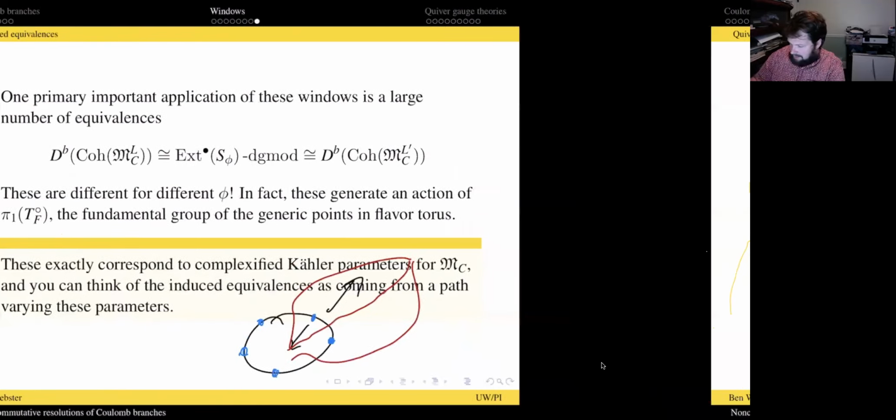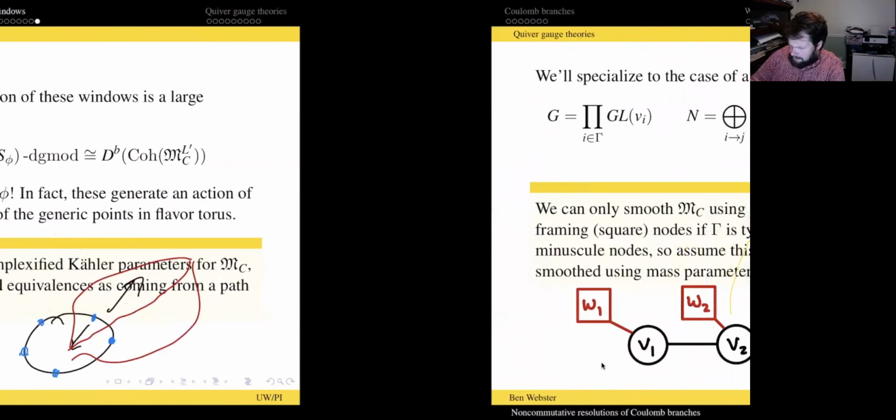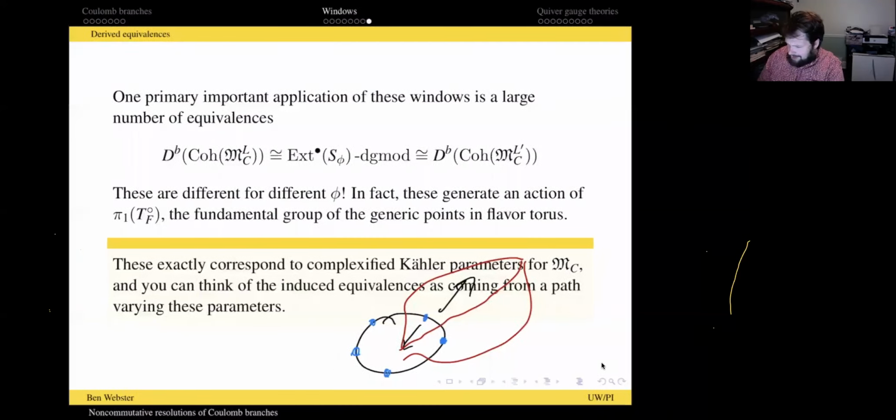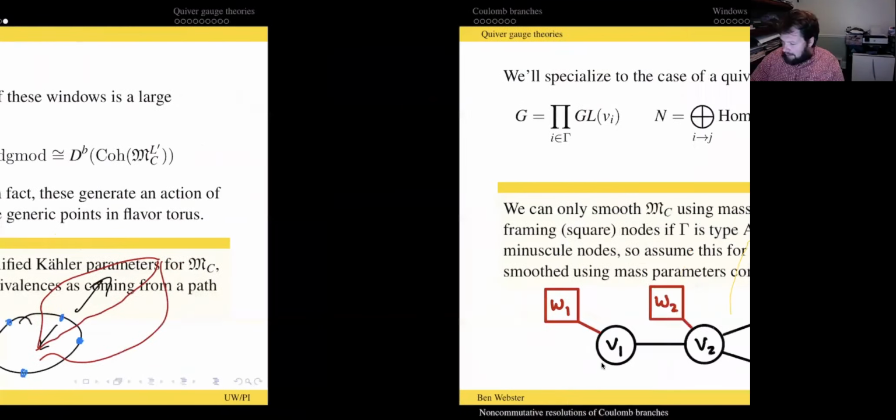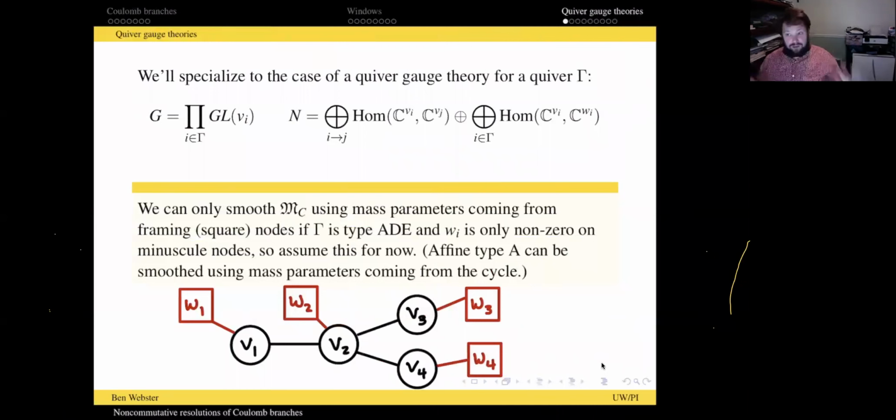All right. So that's most of what I wanted to say in the general story. Obviously, I could try to make more general statements about this action. But the other thing I wanted to say, which maybe I'll go through rather quickly because it's getting late, is how this actually applies in the quiver gauge theory case.